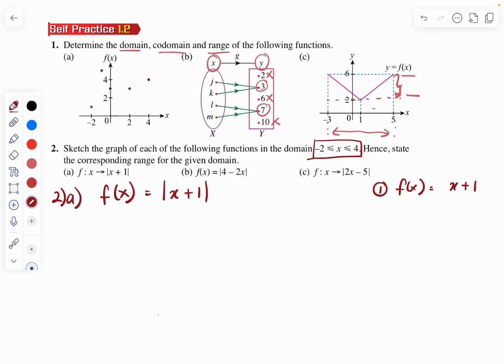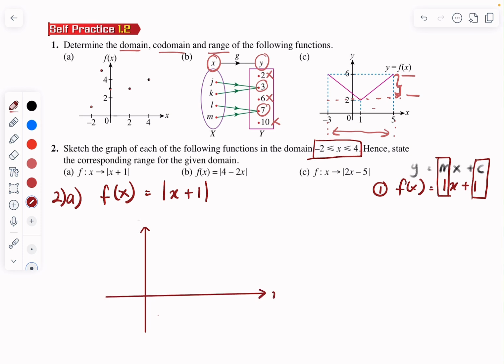If you recall your form 3, we studied y equals mx plus c. For this one, the gradient is 1 and the y-intercept is also 1.